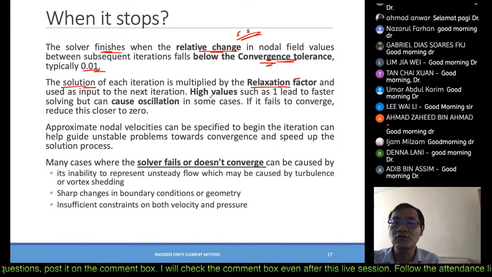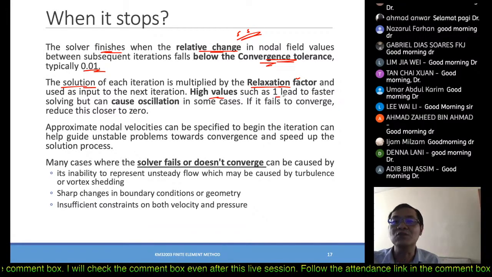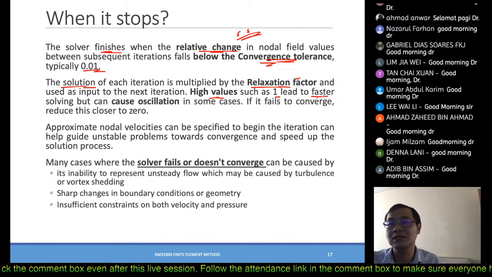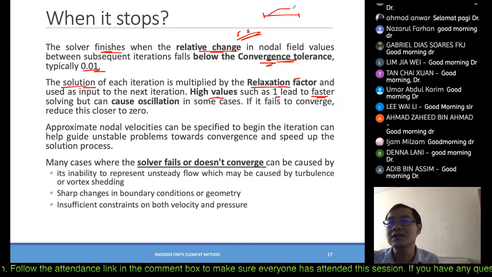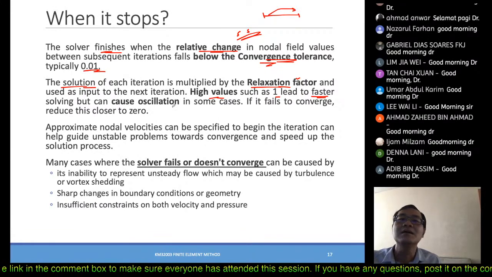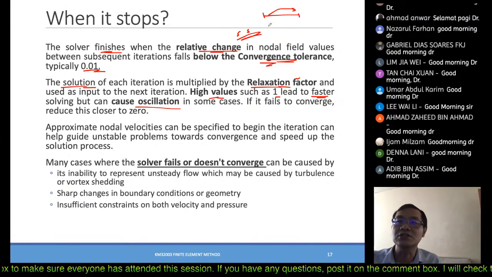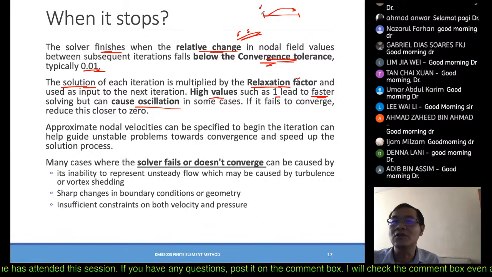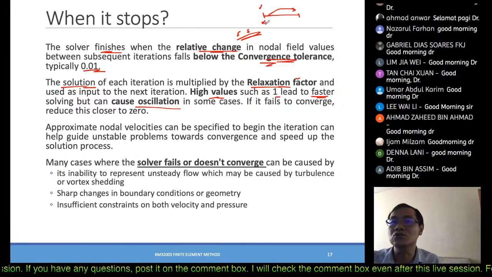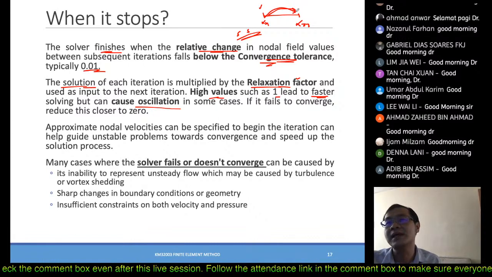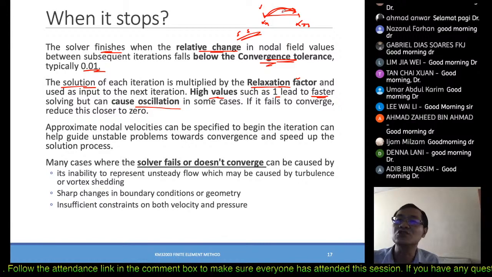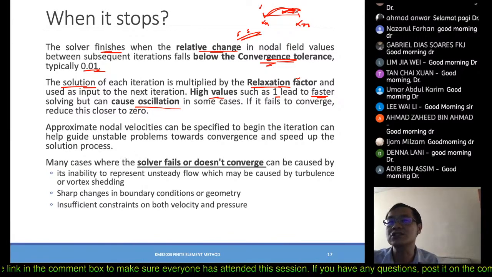So if we put a high value of 1, it will usually solve very fast, because from one iteration to the next, they jump very fast. But then it may cause a problem like oscillations. When it's solved for, let's say, x equals 1, and the next one x equals 2, and it doesn't converge, then you have to jump back and so on, so there are oscillations in between.